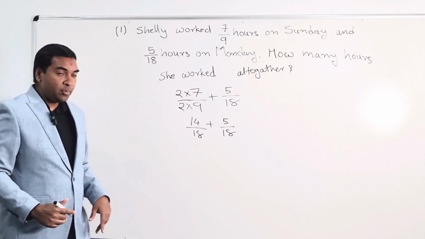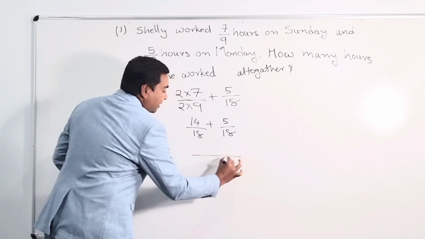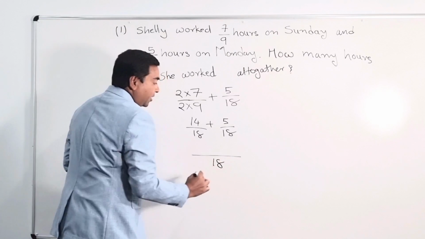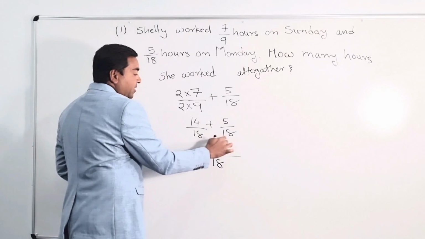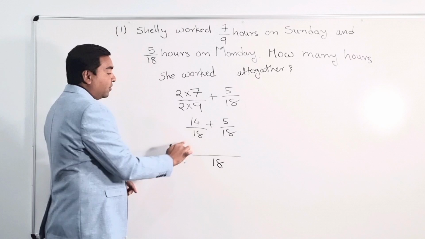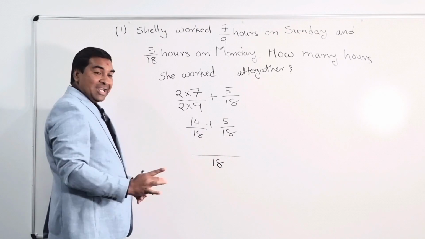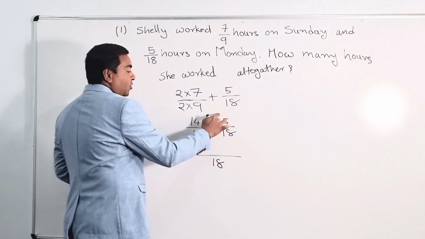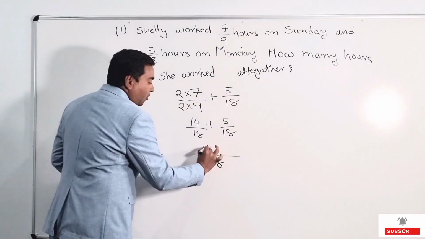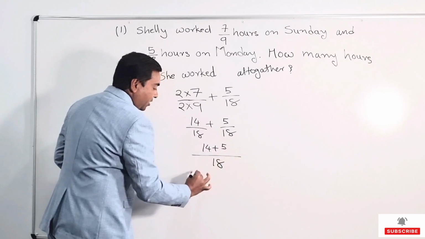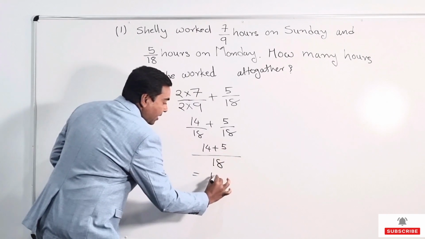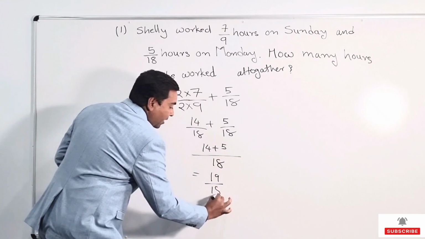Once you have the same denominator, you can make a bigger line and put down 18 underneath. Just please don't do 18 plus 18, 36. That's wrong. Once you have the same denominator, that's the same number you're going to put down here. Only the top bit you're going to add or subtract. So here you're going to do 14 plus 5, which is going to be equal to 19 over 18.